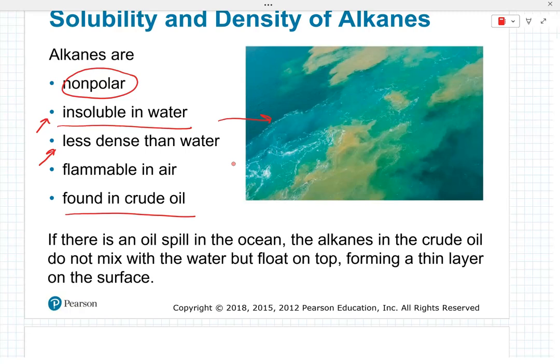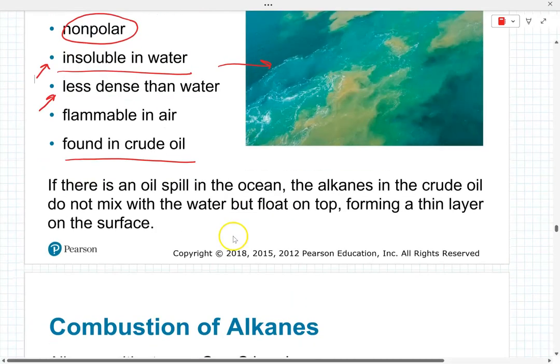And number two, if they cover any living creature, they can't be washed off because they are insoluble in water. And that is, dying birds. I'm not even talking about potential toxicity, but that's what those oil spills do.